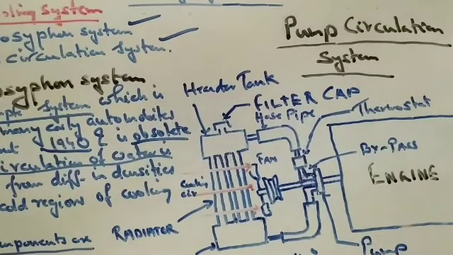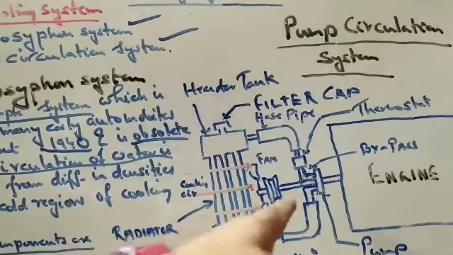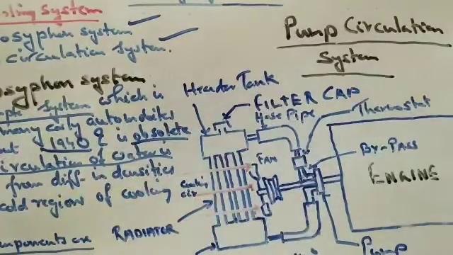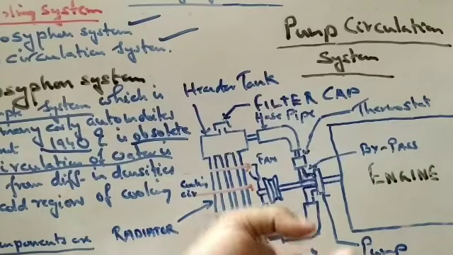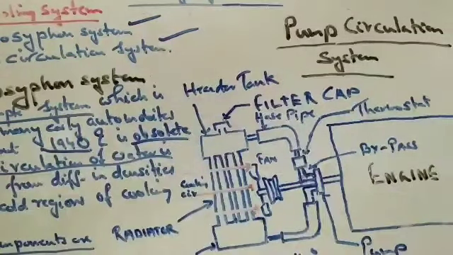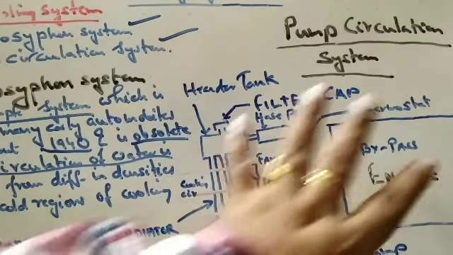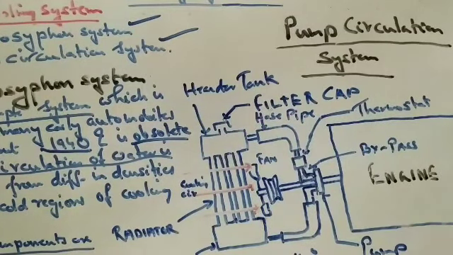When the engine is running with a low or normal load, the pump speed will not be that high. So the pump also controls the speed of the coolant passing to the engine. That is the important factor. So this is all about the block diagram of a pump circulation system.